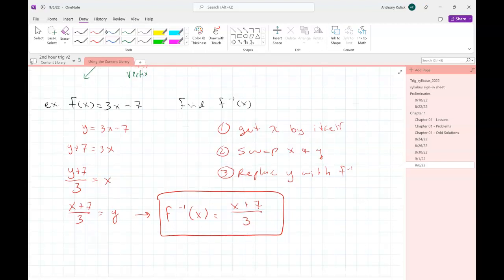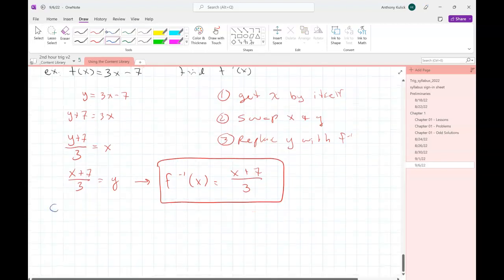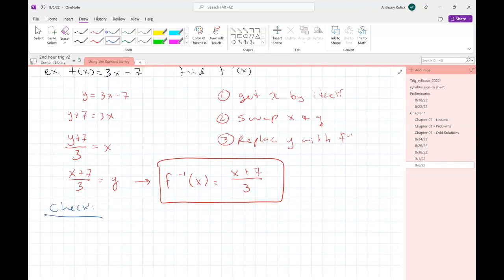Let's check that. The check for this is going back and using our theorem.